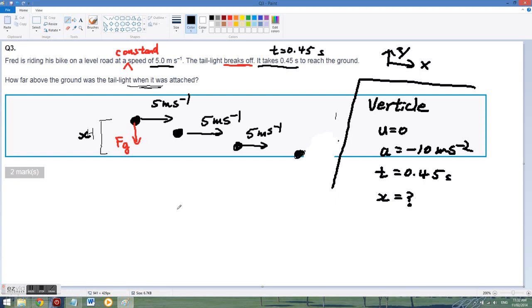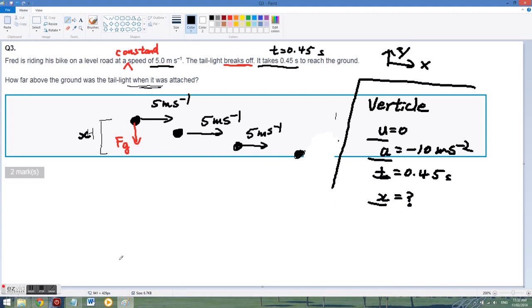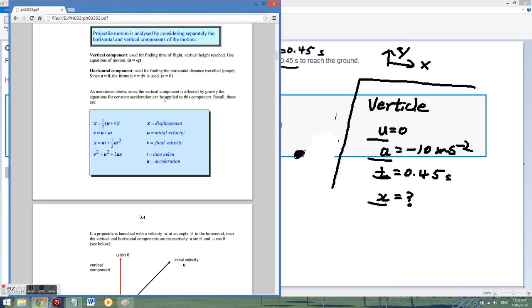Go back to your constant acceleration equation and find the equation with u, a, t, and x. By the way, I'm not very good at memorizing things, so I have to refer to it all the time.